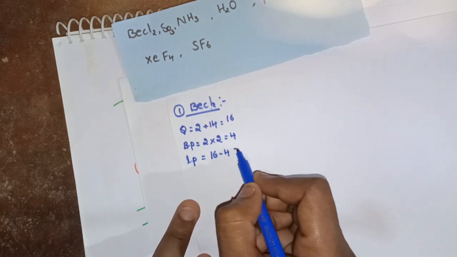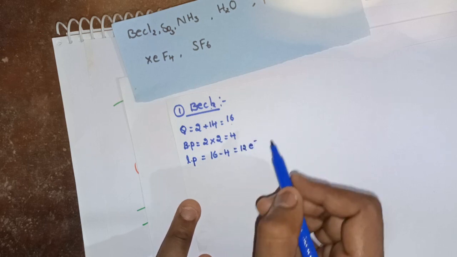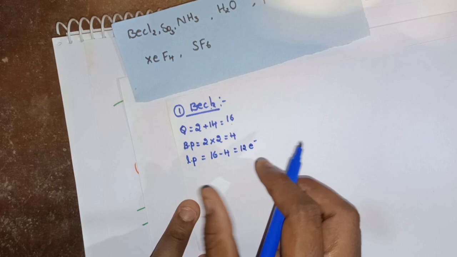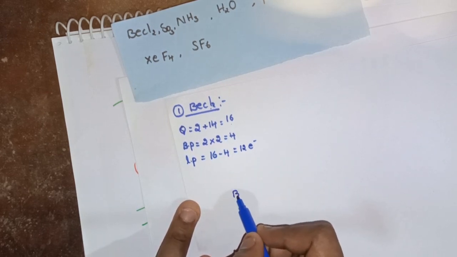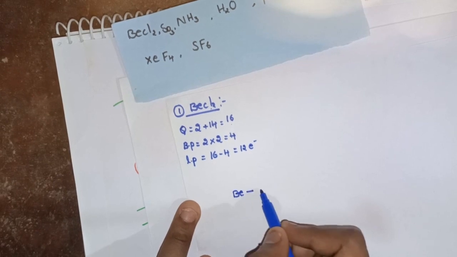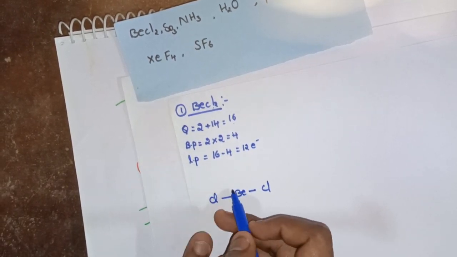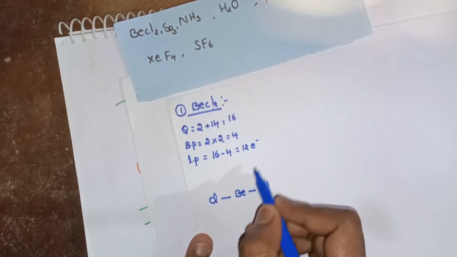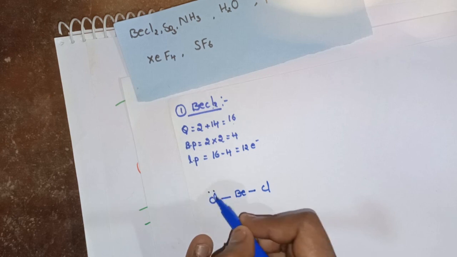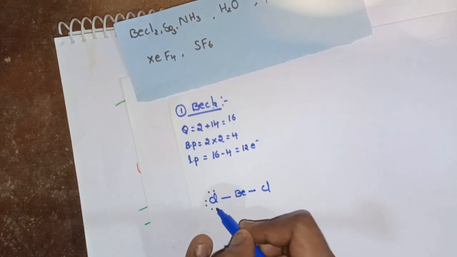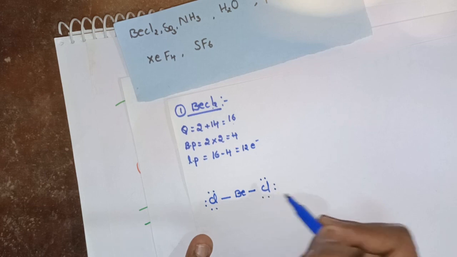That is 12 lone pair electrons are present. Let's draw the structure of beryllium chloride. Let's fill the lone pair electrons on the atoms: 2, 4, 6, 8, 10, 12.